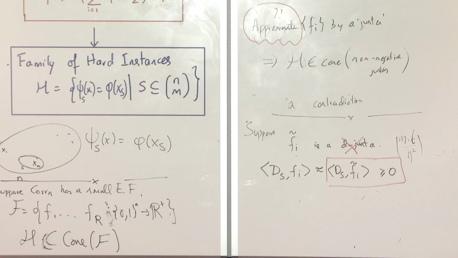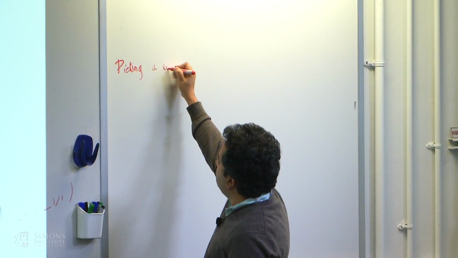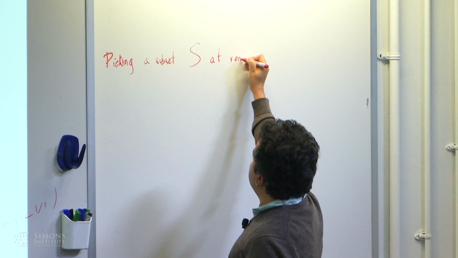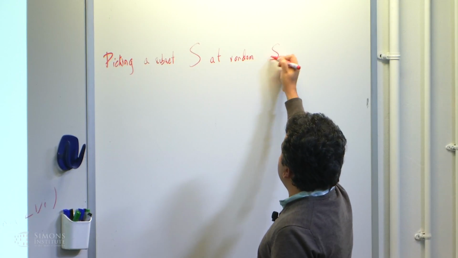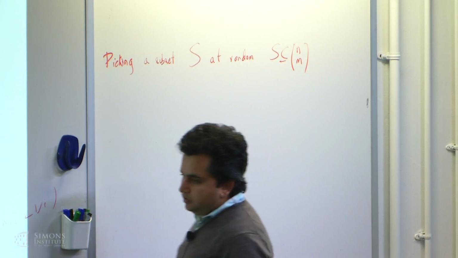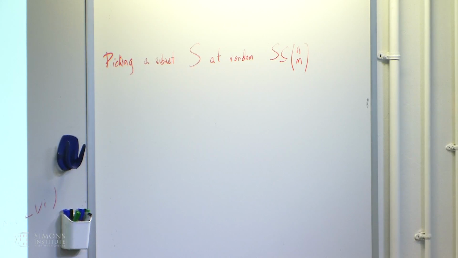Imagine picking a subset S at random, like picking a random planting. So fi tilde is some junta.